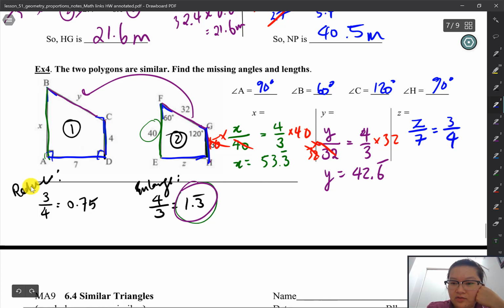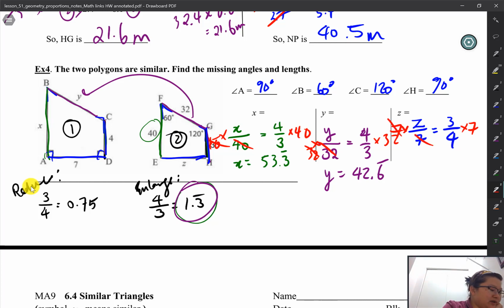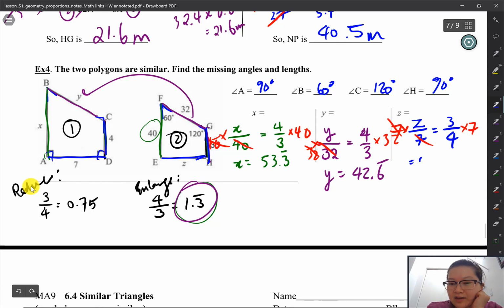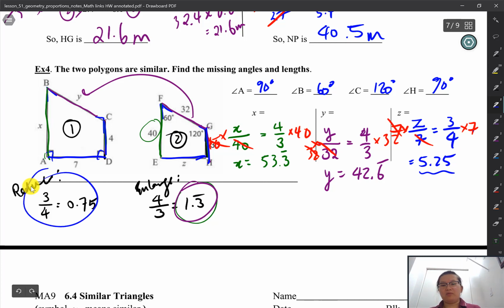And then to solve for z, I need to multiply the 7 up over here. This is going to give me 3 over 4 times 7, 5.25. And you might also notice that 5.25 is exactly 7 multiplied by my reduction factor. That's going to give me that as well.